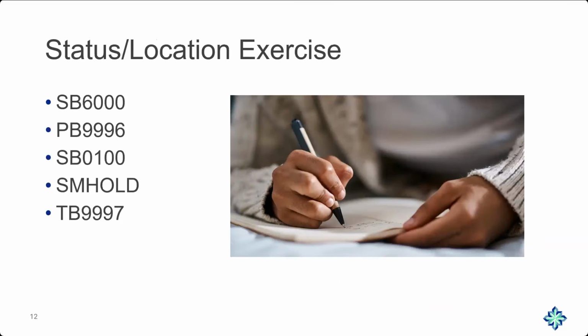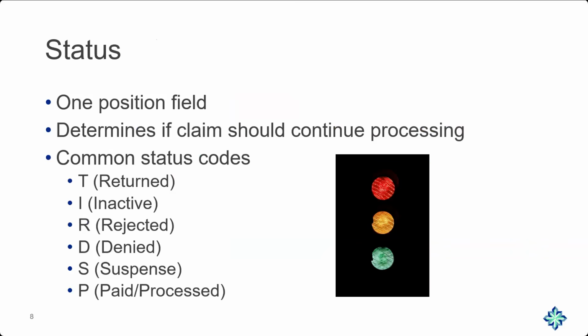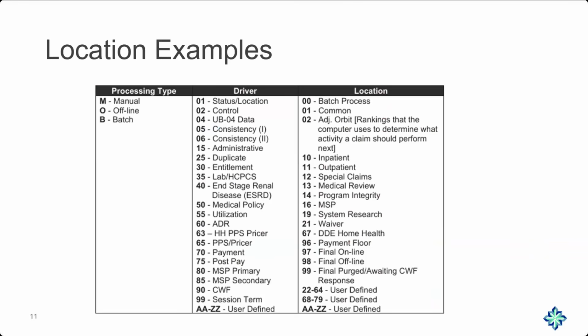The next example that we have is PB 9996. P stands for paid or processed, remember. B stands for batch. 99 is, if we look down here, session term, and that's short for terminated. And 96 means payment floor.